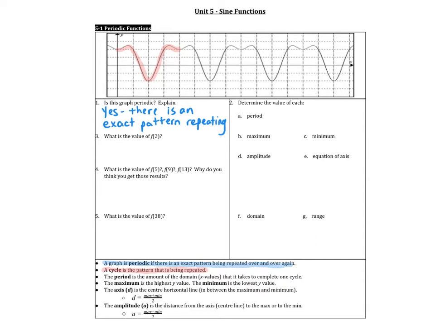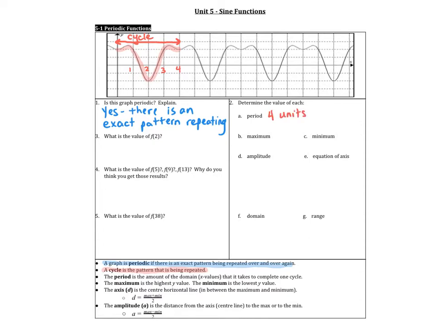So from here to here, that is a cycle. And the length of that cycle is 1, 2, 3, 4 units. So the period is 4 units.